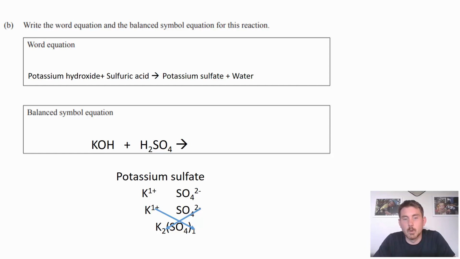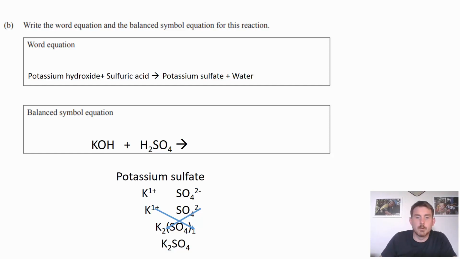Now I wouldn't normally include the 1, but I've just included it here to try and convey full understanding. Once we've got the single charge on the outside of the brackets, we can drop the number 1, and we can drop the brackets, and that leaves us with the final formula K2SO4.